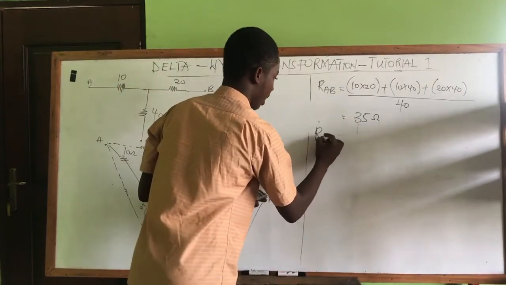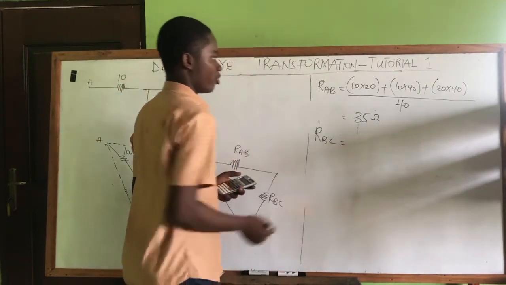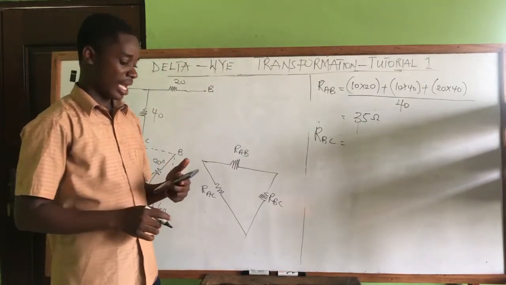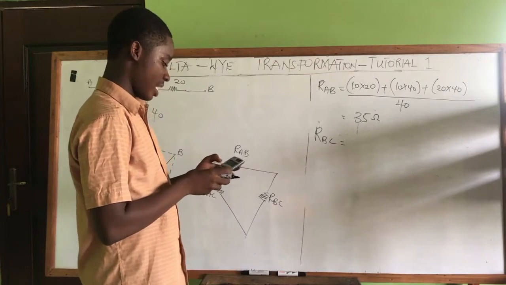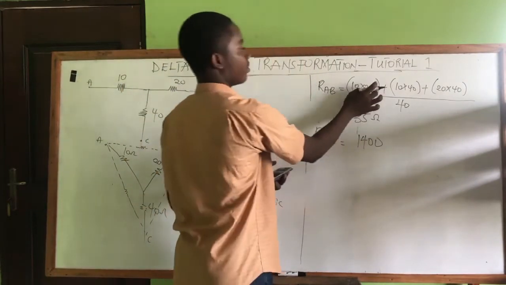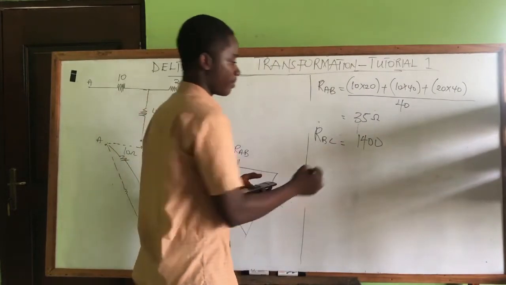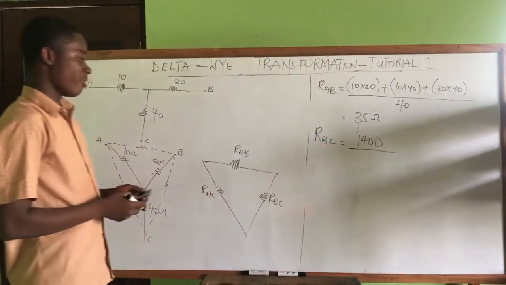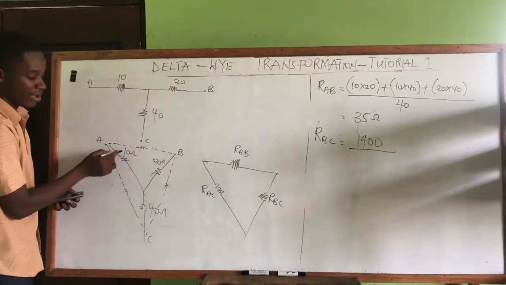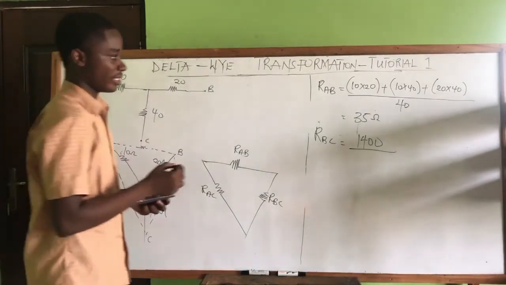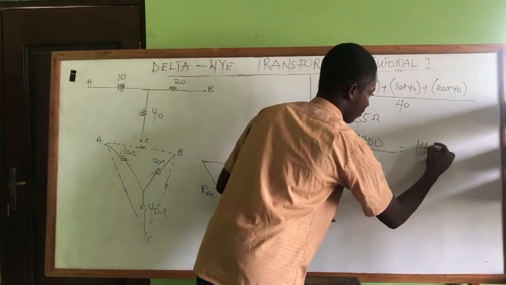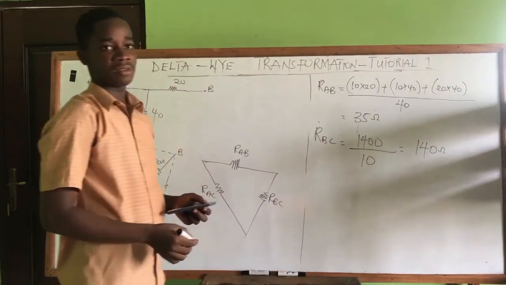So our next value is RBC. If you remember, we said the numerator is the same. The numerator is giving us 1,400. So we are going to divide it by the value here, which is 10. This is giving us 140 ohms.